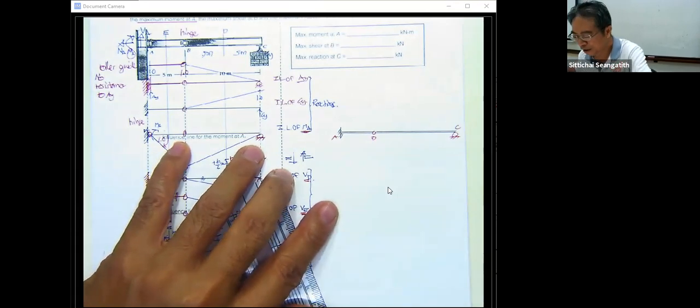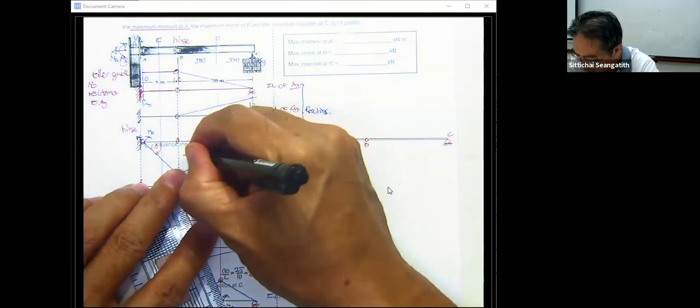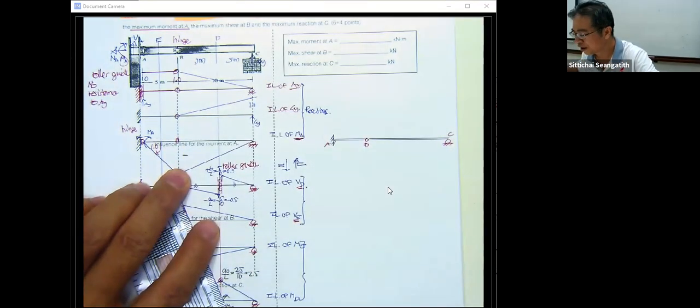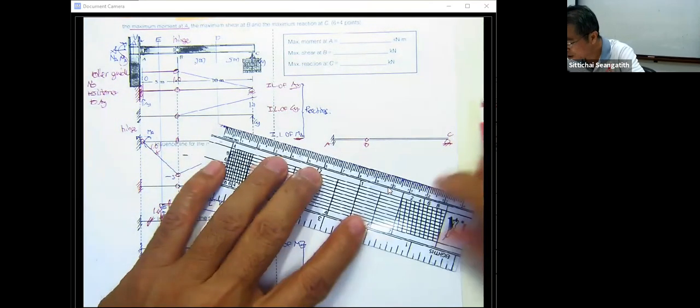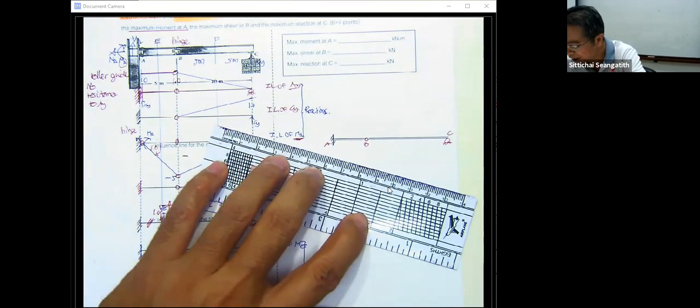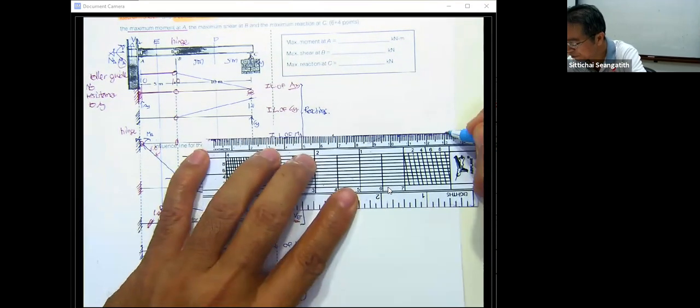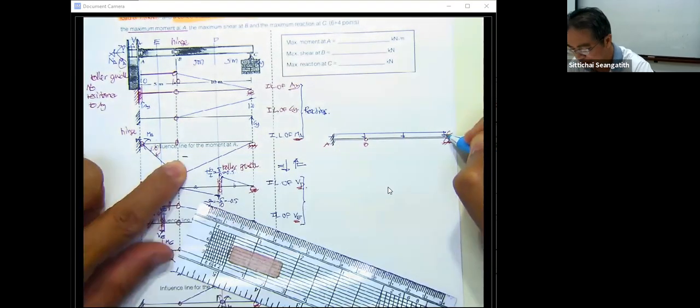Now you can see the influence line is always negative. So even though it is the live load, the load acting over here will go across the length of this beam because all of them produce negative.